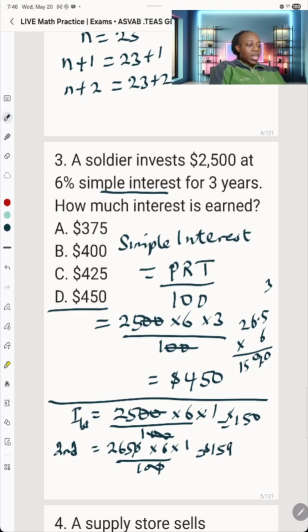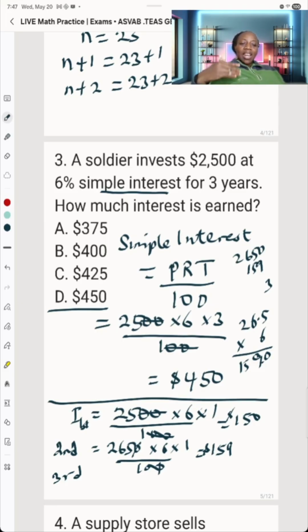159 for the second year. The third year, since we are talking about 3 years now, the third year will be the same: 2650, and you have to add 159 to it. By the time you add 159 to it, that will be the P for the third year. Because when it is compound interest, the interest will be added to the principal each year.